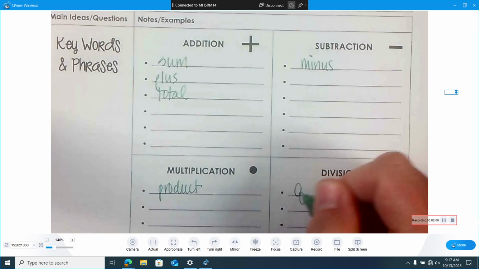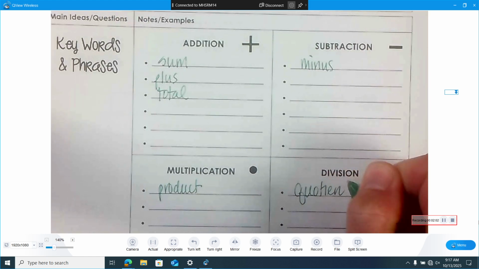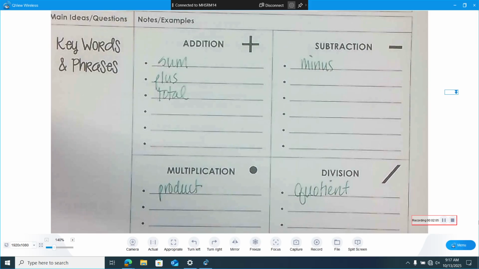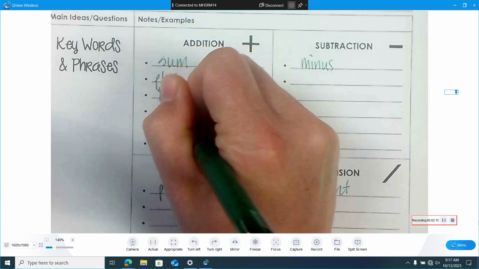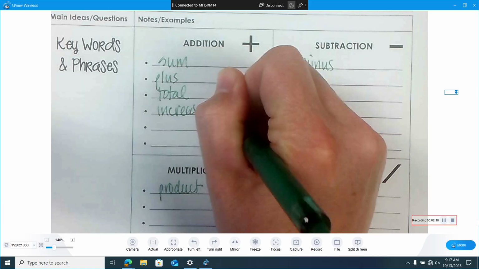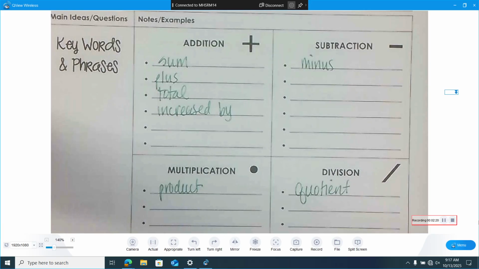Division, quotient, very good. These are the formal words, I guess I'd say. Let's see, what about 7 increased by 8? Addition, yeah, increased by, that'd be a way to say addition.